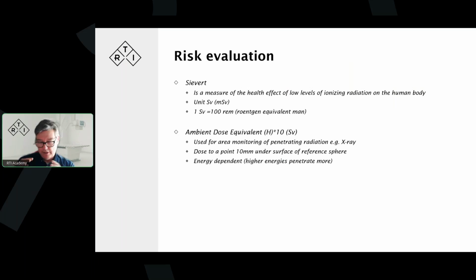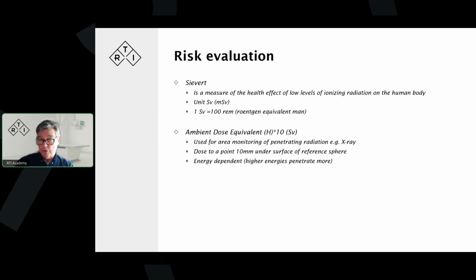So then there's a formula for it, looking at the air kerma, looking at the energy levels that then we have in there, because then higher energy penetrates more into that sphere, into those 10 millimeters. So these different factors, you put them into a formula and you arrive at the ambient dose equivalent called H star 10. 10 is then the 10 millimeter.